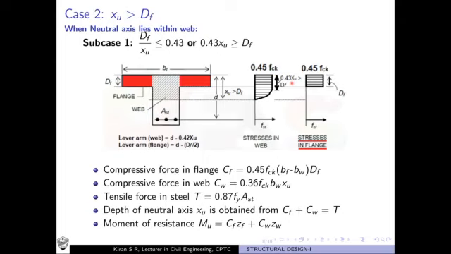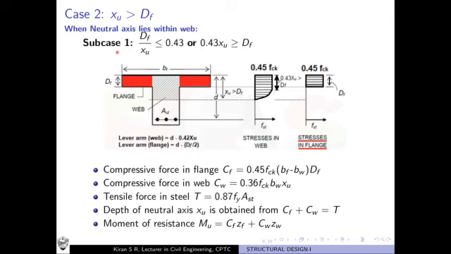Now, as we said, two subcases are arising. For the first subcase, the portion 0.43 xu is greater than the depth of flange, so this uniform stress is exceeding the depth of flange.